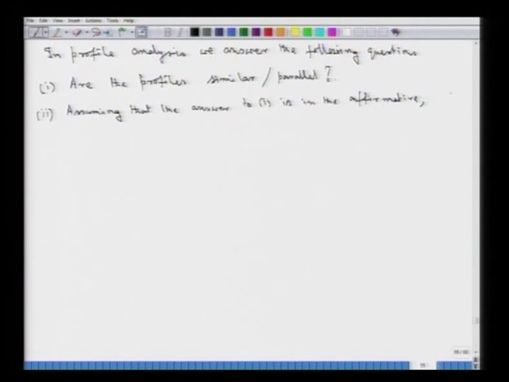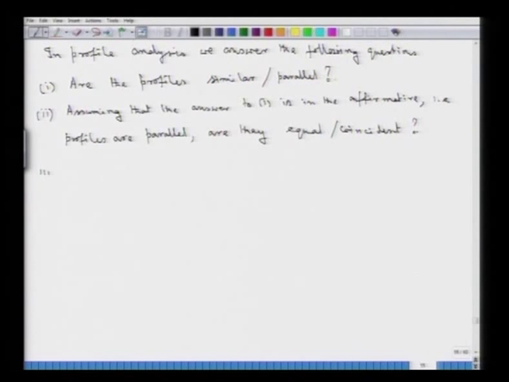So once the profiles are parallel, are they equal, that is, are the two profiles coincident? Once we assume that they are parallel, we look at whether they are actually equal or there is a significant difference between these two similar parallel profiles.